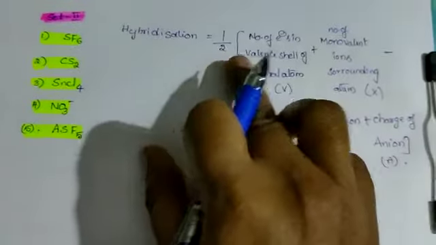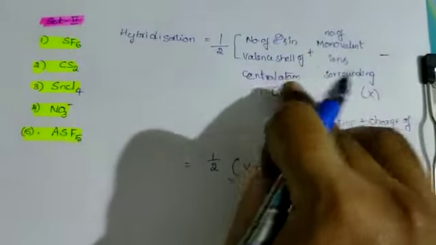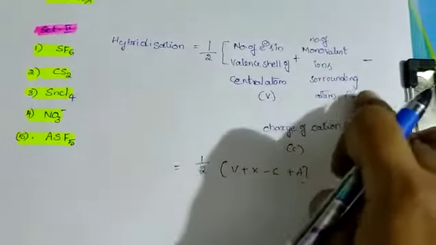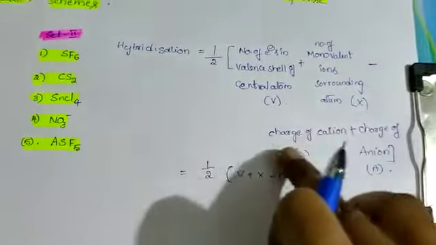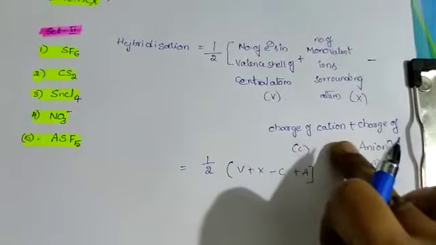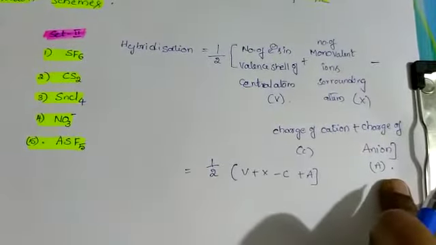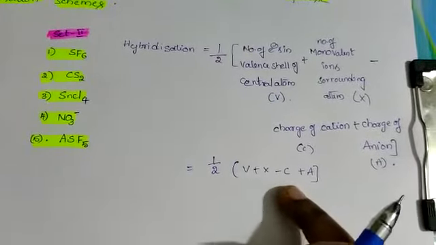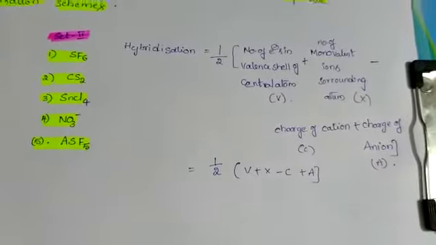Hybridization equal to half of the number of electrons in the valence shell of the central atom plus the number of monovalent atoms surrounding the atom, minus the charge of the cation plus the charge of the anion. Simply, half of V plus X minus C plus A.